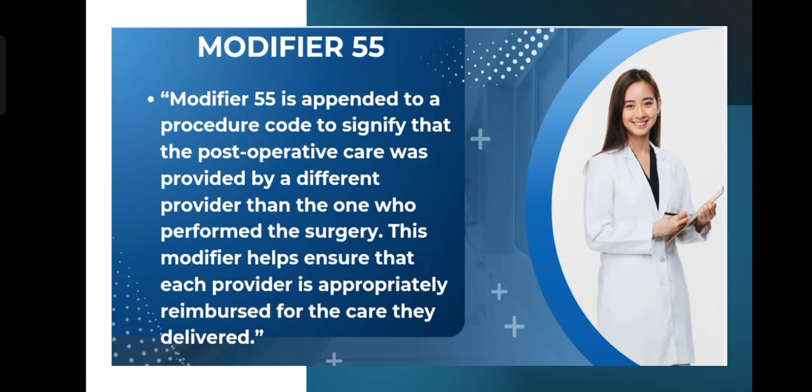It means the provider took care of the post-operative care only. The surgeon did the surgery and left, and post-operative care was taken by some other provider. When billing for that particular provider, we have to use modifier 55 with this procedure, because that provider took care of post-operative care only.